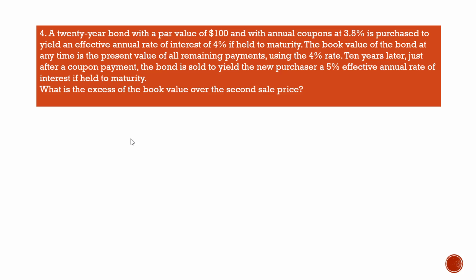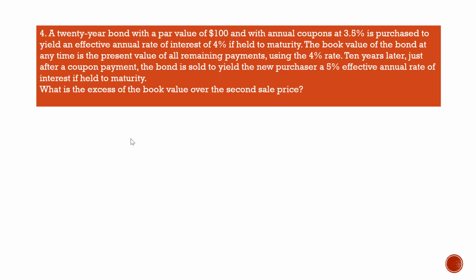The book value of the bond at any time is the present value of all remaining payments using the 4% rate. 10 years later, just after a coupon payment, the bond is sold to yield the new purchaser a 5% effective annual rate of interest if held to maturity. What is the excess of the book value over the second sale price?